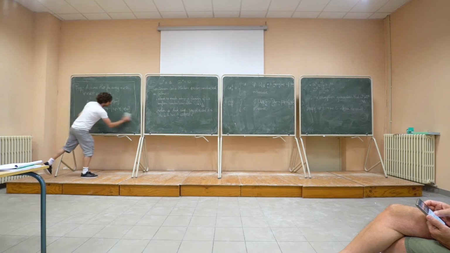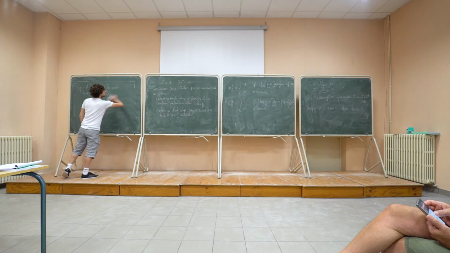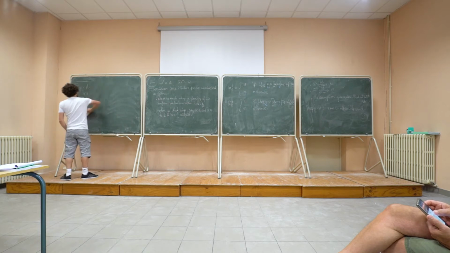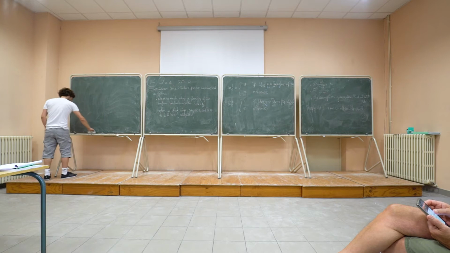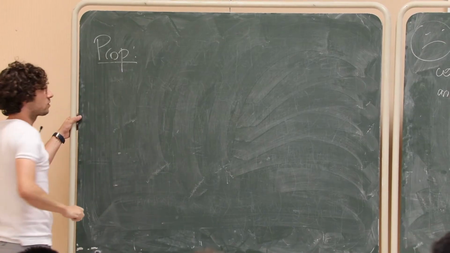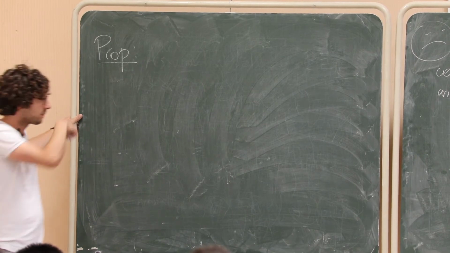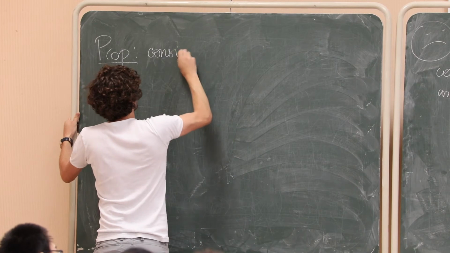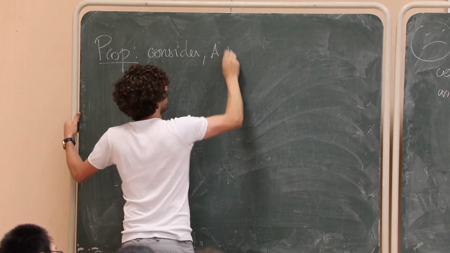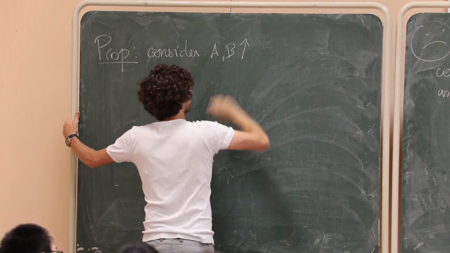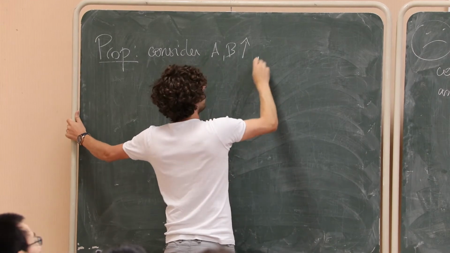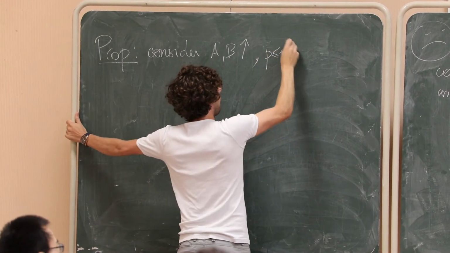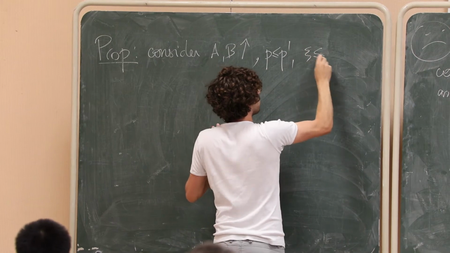Good. So now, let's see how we apply that. So, proposition, and these are three extremely important properties. Consider A and B increasing events, p smaller or equal to p prime, and xi smaller or equal to xi prime.